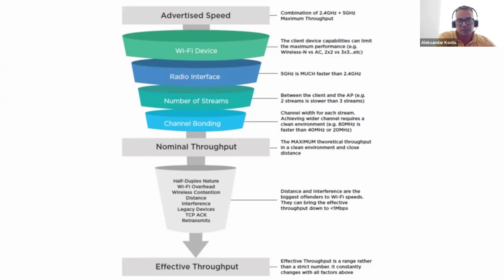to 5 GHz. This is also something I hear quite often from the field, that end customers experience, when they walk through the house, a significant drop in the speed when going from one part of the house to another. Typically, that is because their phone switched from 5 to 2.4.